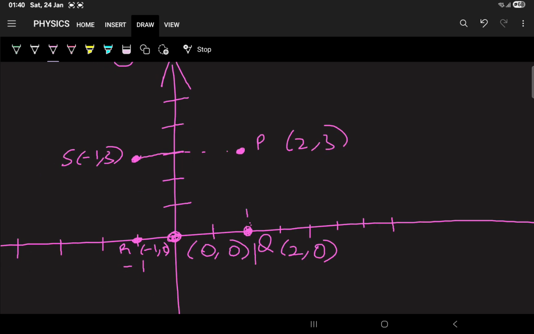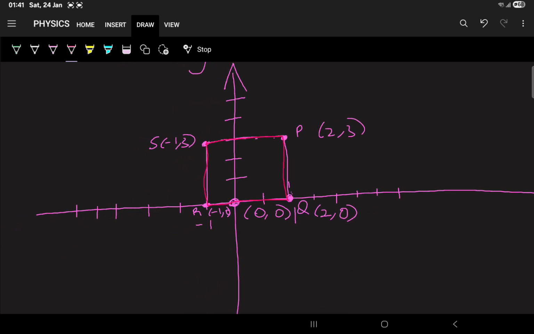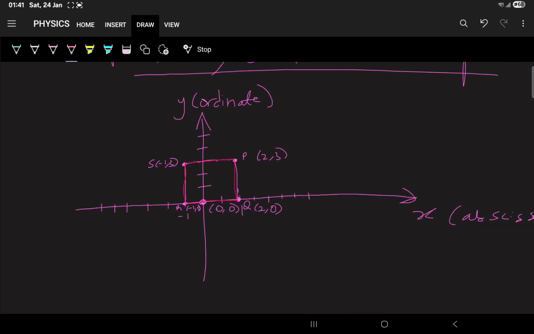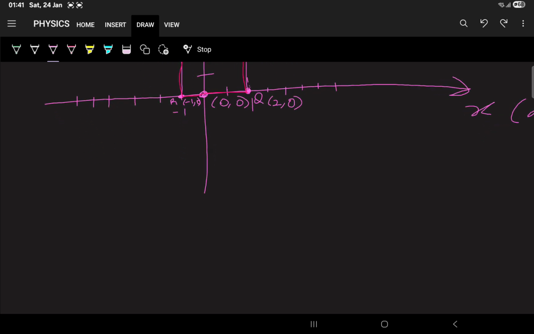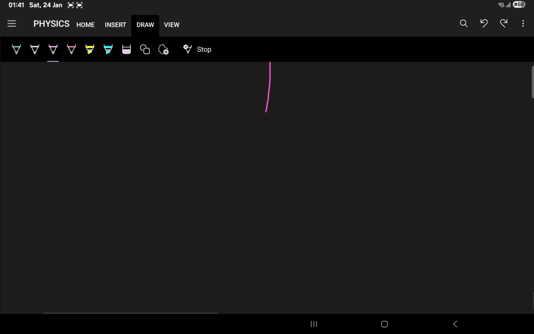Now let's join them all, and you'll see what we have is similar to the shape of a square. Now do sketch this and leave it, because we're going to use it very soon. Before we do, let's talk about a few concepts.